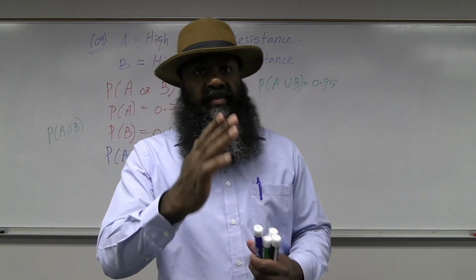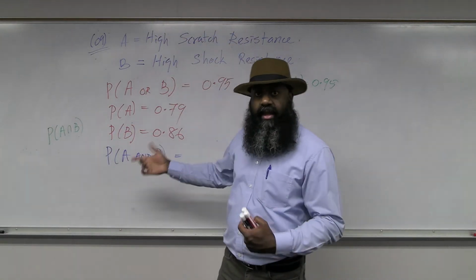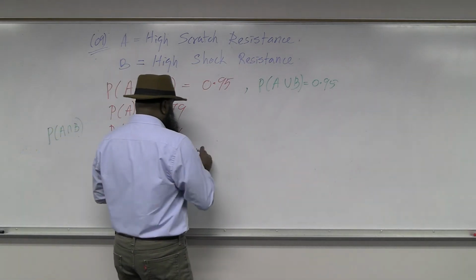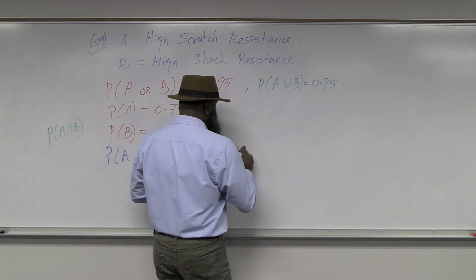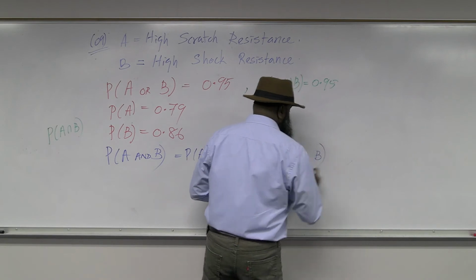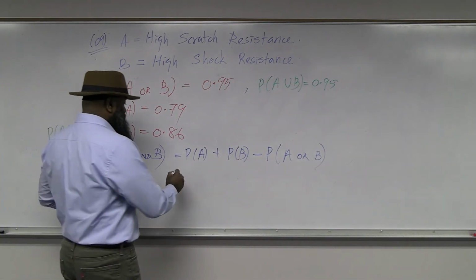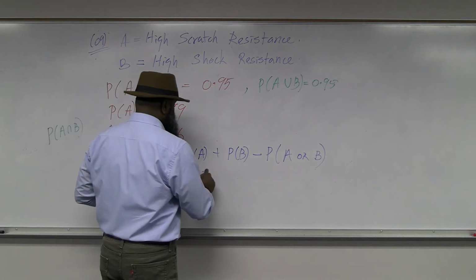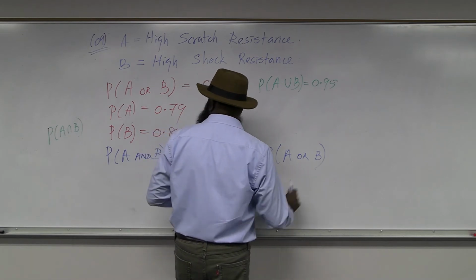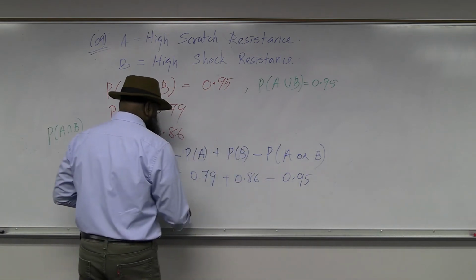One is probability of A or B equals, the other form is probability of A and B equals. For this one, what we need is the second form, which will be equal to P(A) plus P(B) minus P(A or B). So I just have to plug in these values and get the answer. So P(A) equals 0.79 plus P(B) equals 0.86, minus P(A or B) equal to 0.95, and you can simplify that and get the answer.